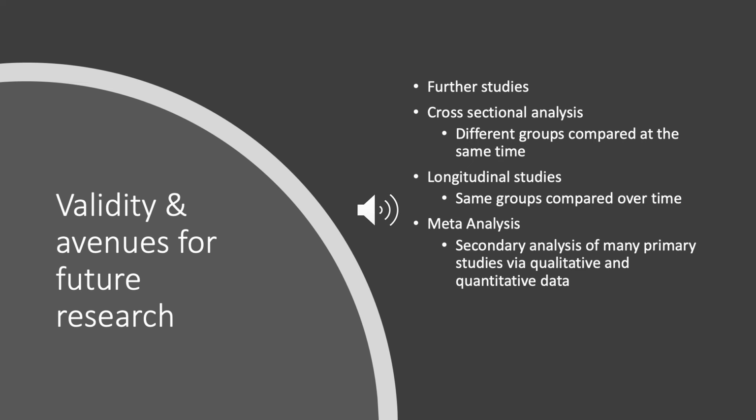You need to have years of research put together across different areas and different locations. But it is a secondary analysis of many primary research studies that use qualitative and quantitative data, and you put that together in a huge meta-analysis, just like it sounds.